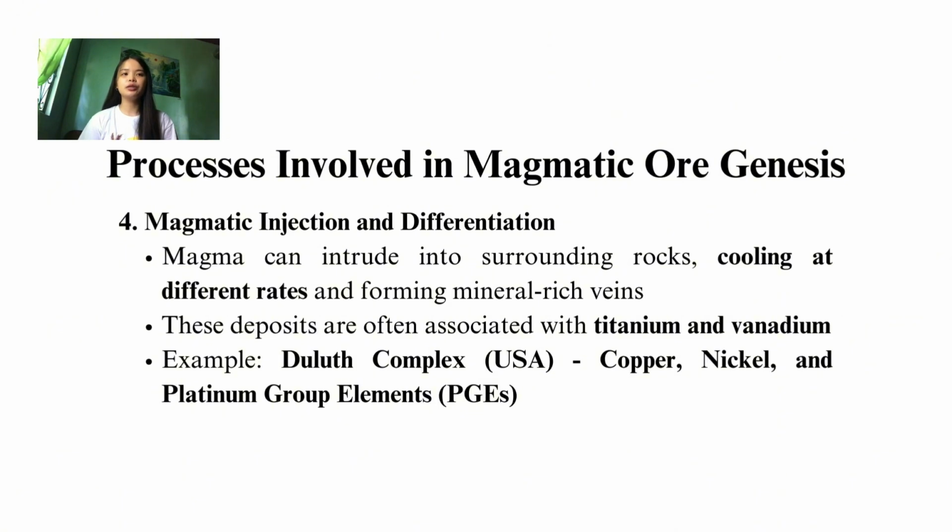Magma can intrude into surrounding rocks, cooling at different rates and forming mineral-rich veins. These deposits are often associated with titanium and vanadium. Example is the Duluth complex in USA that has copper, nickel, and platinum group elements, or the PGEs.